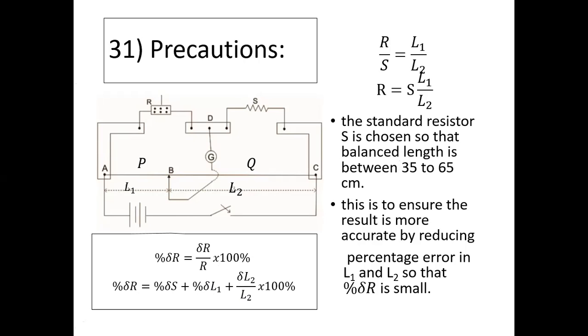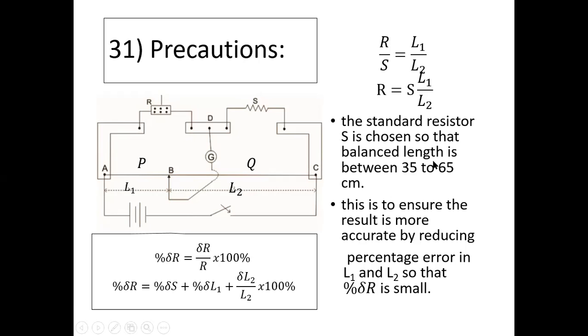Just one question. The delta L2 over L2, the others don't have the "over". The combined equation below the delta R: delta L2 over L2, the others don't have it.